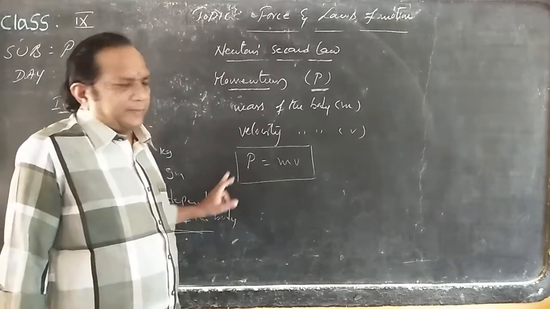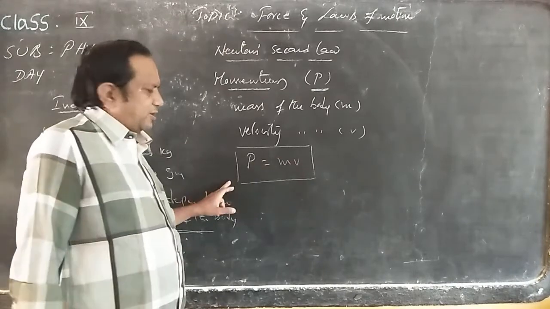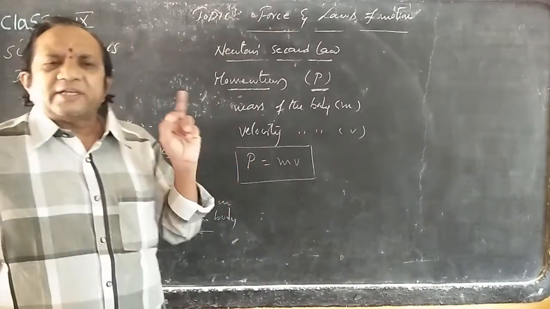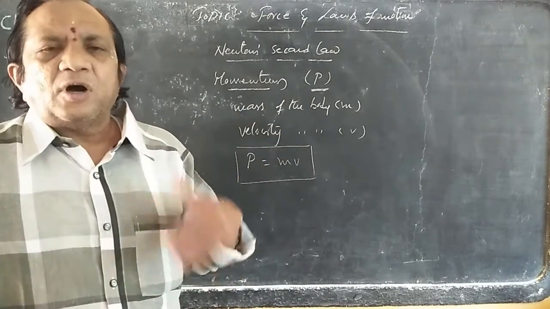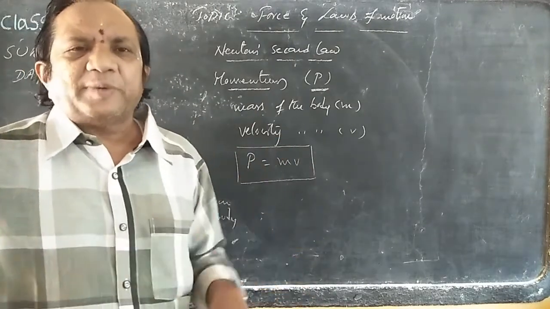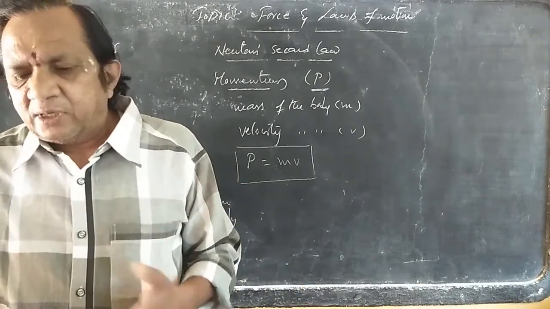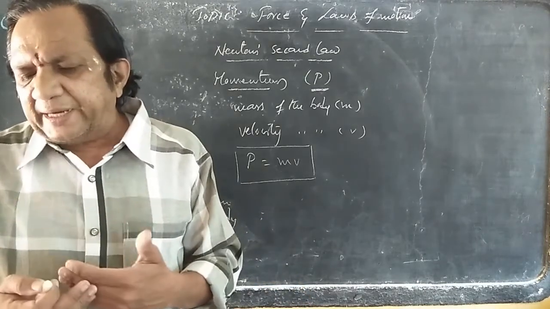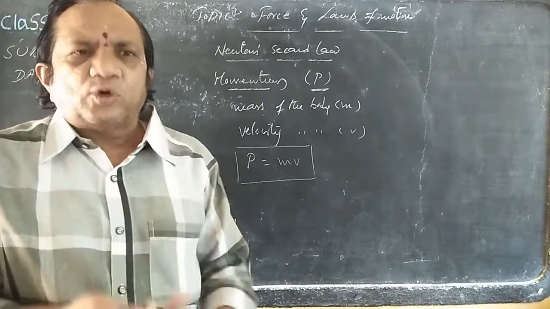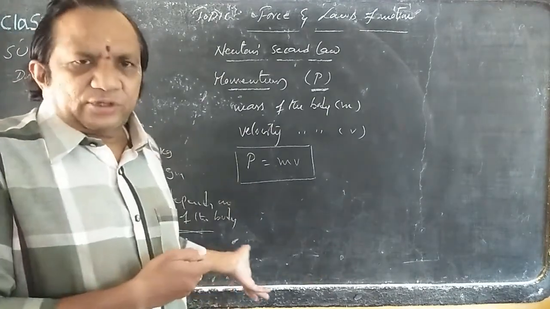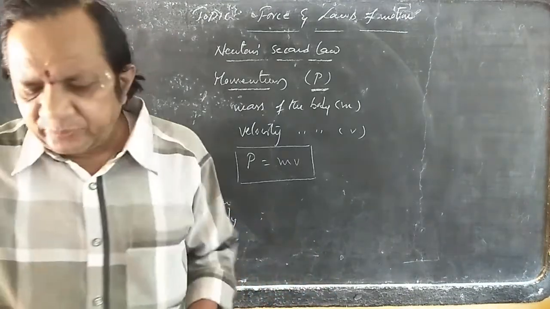So the product of mass and velocity is said to be the momentum of the body.